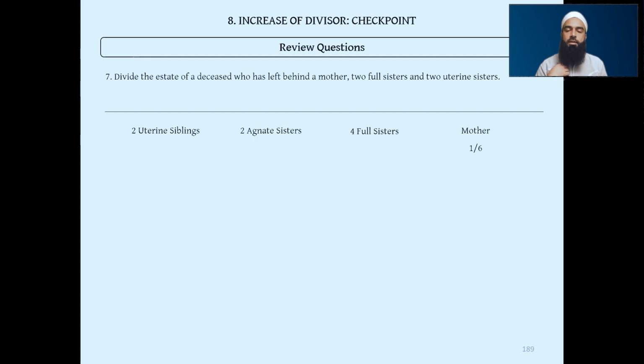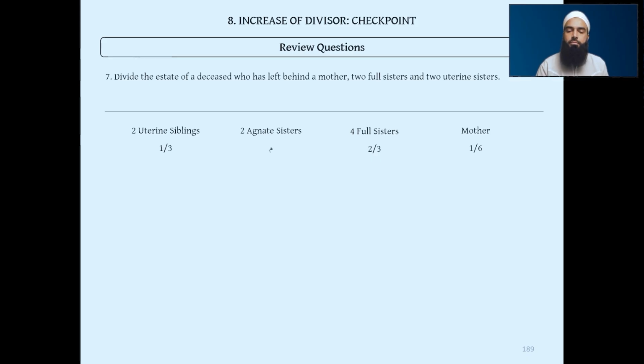There's so many siblings here. The 4 full sisters will receive 2/3. The 2 agnate sisters, because there are full sisters who have already received the 2/3 share, cannot receive anything. They're blocked. But the 2 uterine siblings, they'll receive the 1/3.